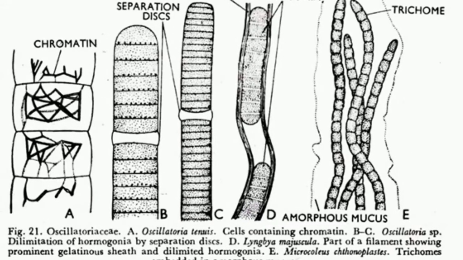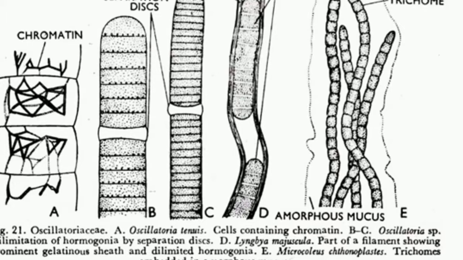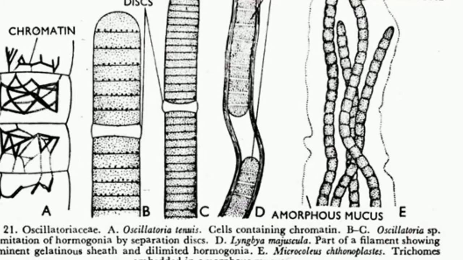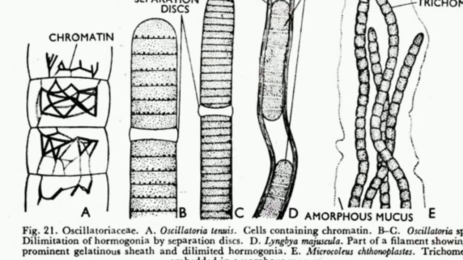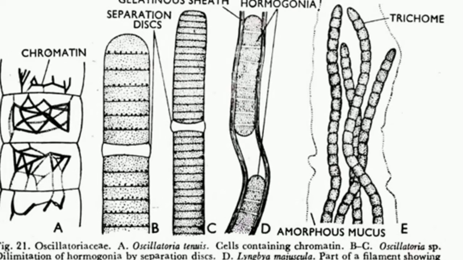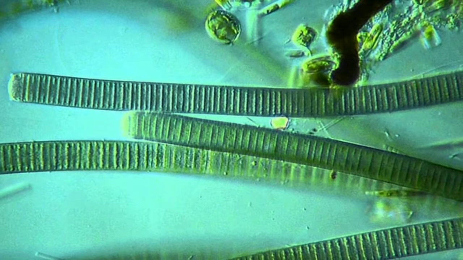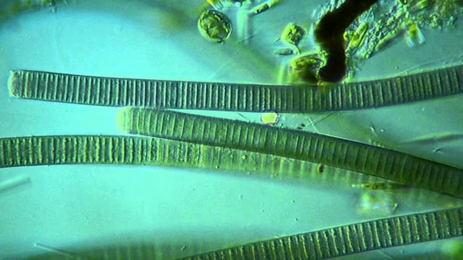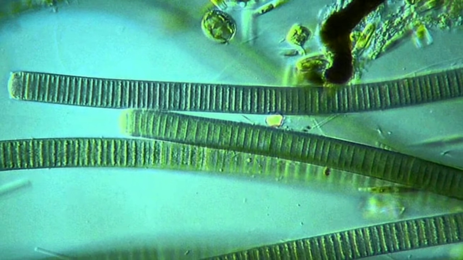Angular polyhedral bodies are found near the centroplasm. It stores carboxysomes that contain carbon dioxide fixing enzyme, that is ribulose 1,5-bisphosphate carboxylase. It also has small spherical polyphosphate bodies which contain stored phosphate.